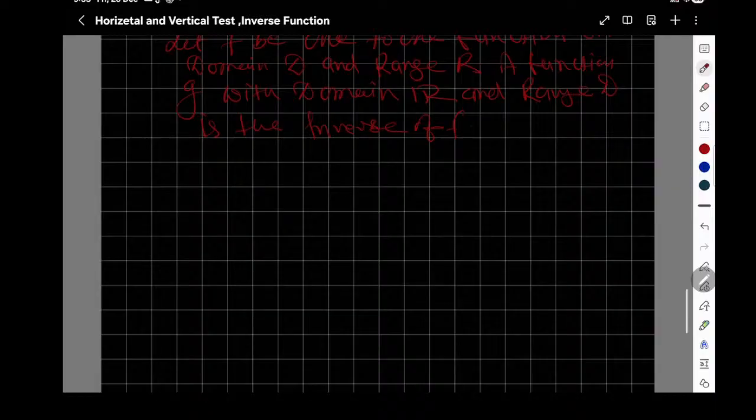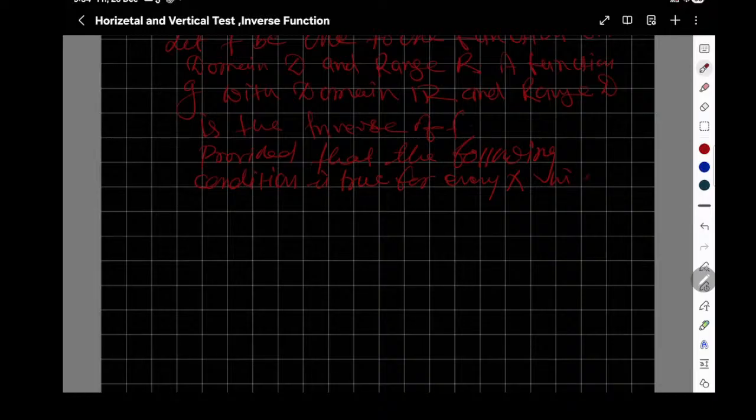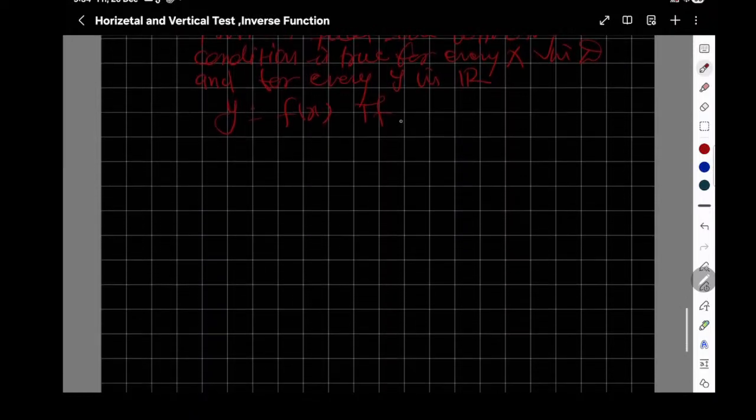provided that the following condition is true: for every x in D and for every y in R, y = f(x) if and only if x = g(y).